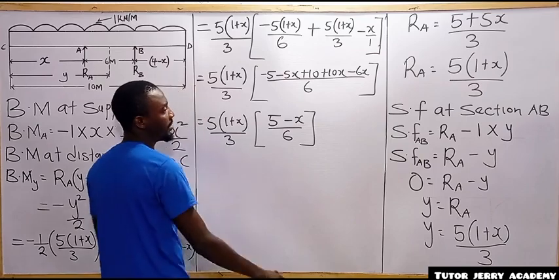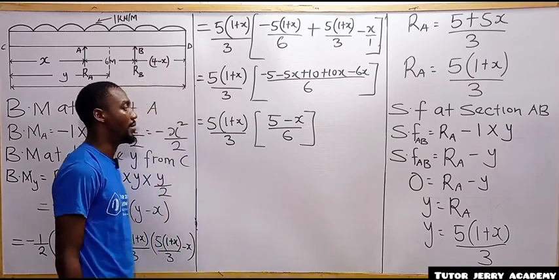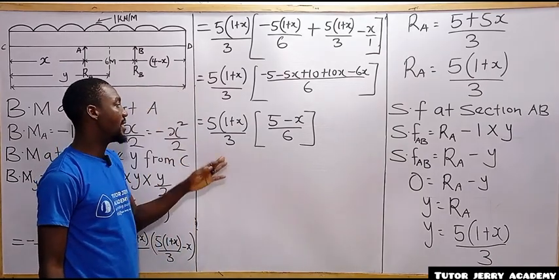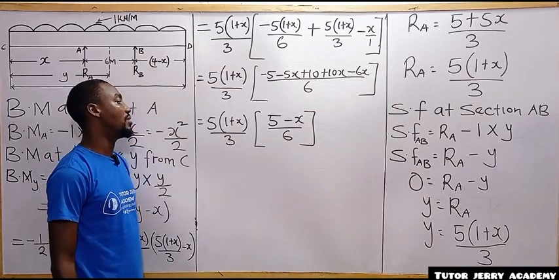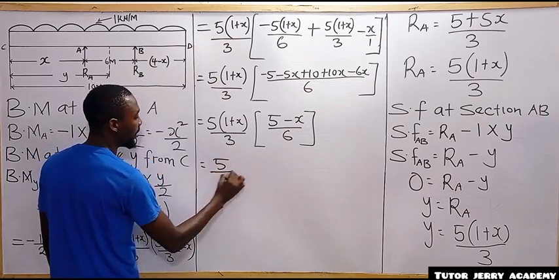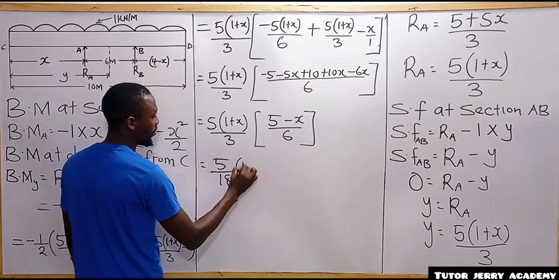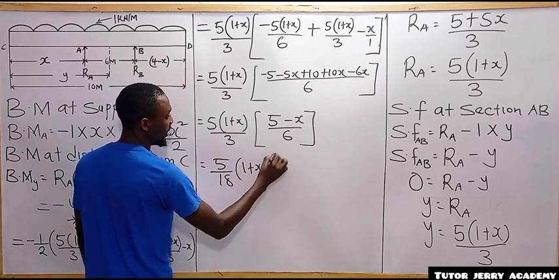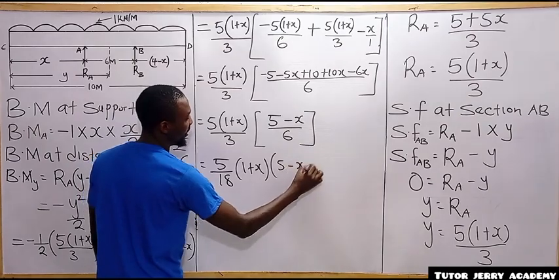So the next thing here is 3 times 6, which is 18. So this will be equal to 5 all over 18, then into (1 plus S), then into (5 minus S).